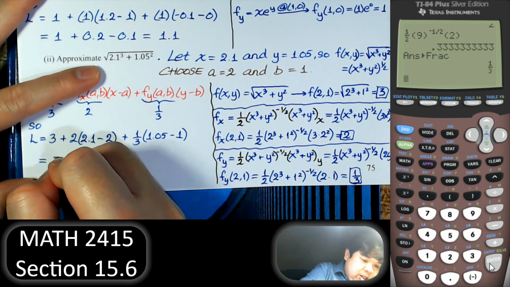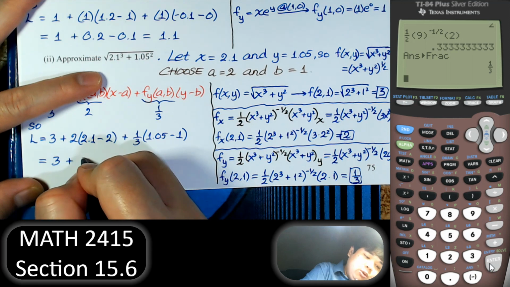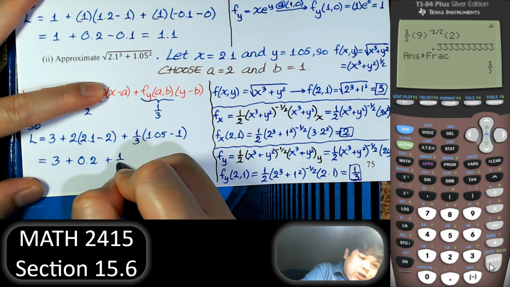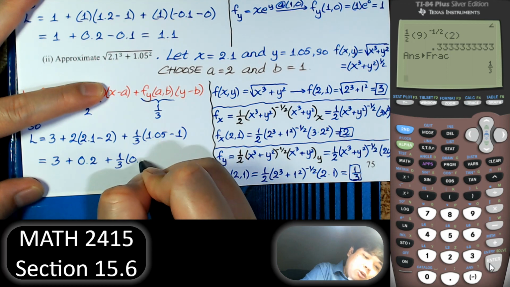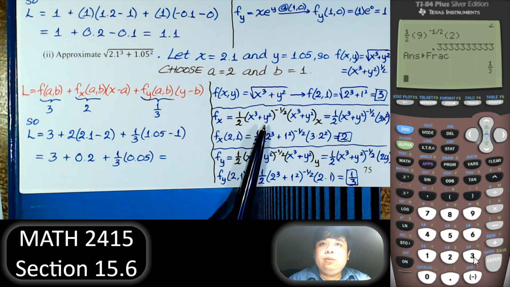So I have 3, plus 0.1 times 2, that is 0.2, plus 1/3 times 0.05. So 3 plus 0.2 plus 1/3 times 0.05.